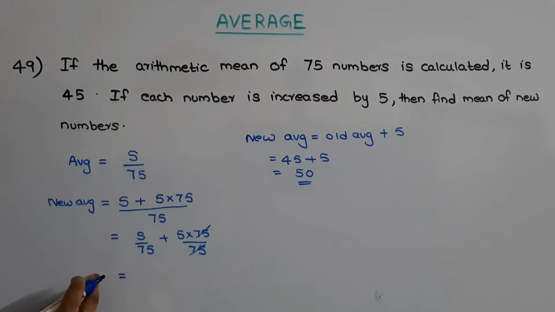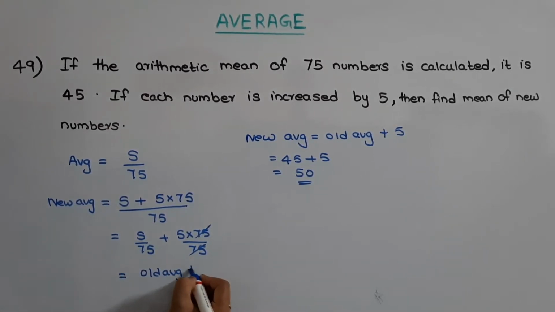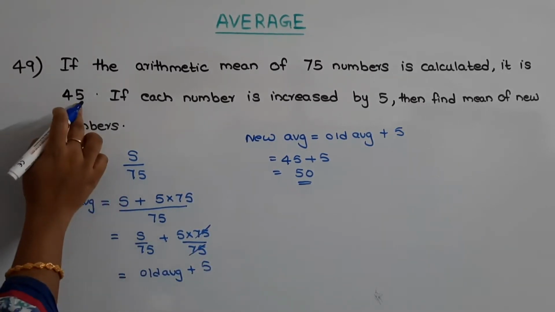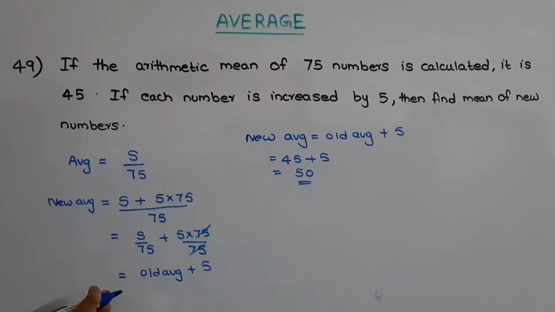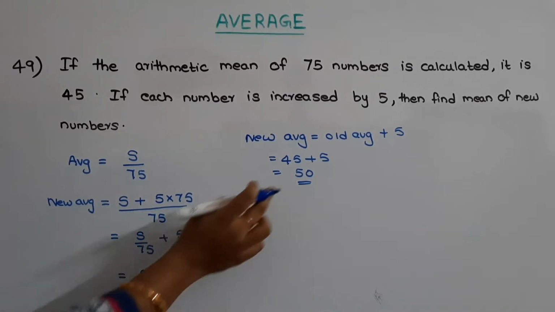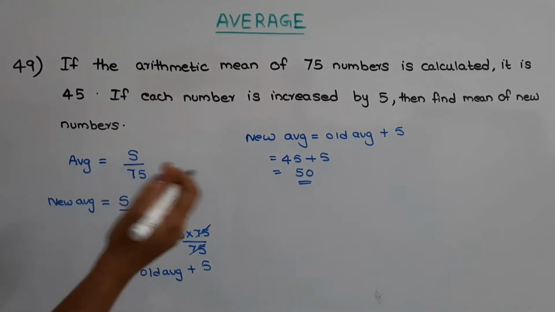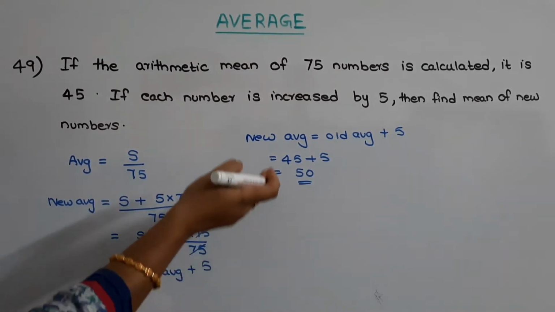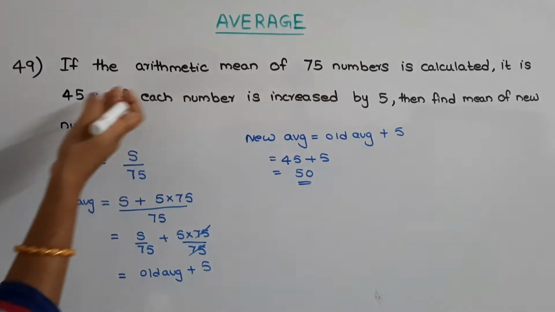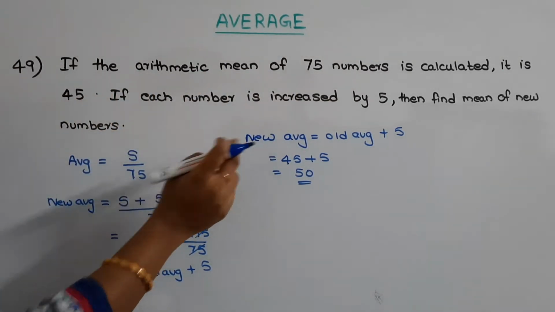So the new average will be equal to old average plus 5. This old average is 45, so the new average will be equal to 45 plus 5, that is 50. So instead of writing all these steps, whenever this type of question comes, you can directly add the increase in the number to the old average to get the new average.